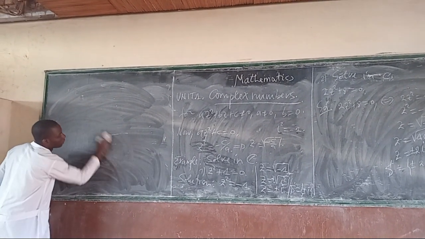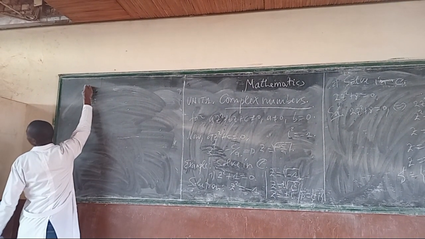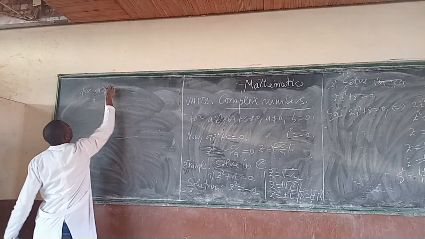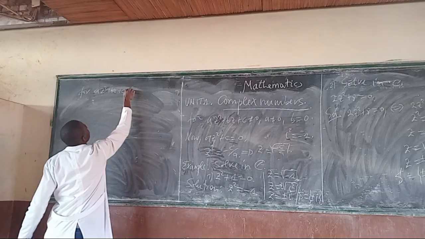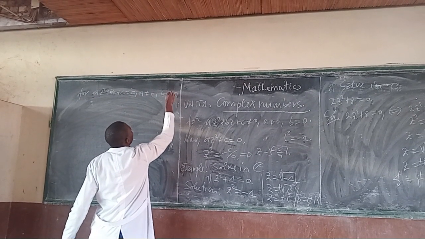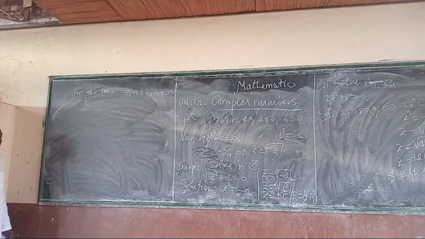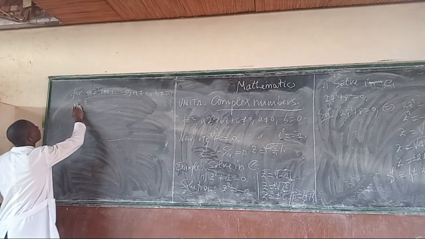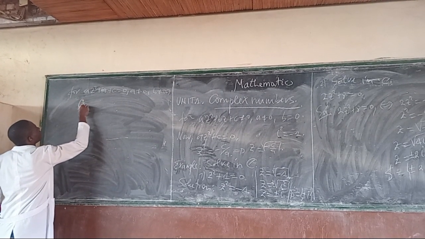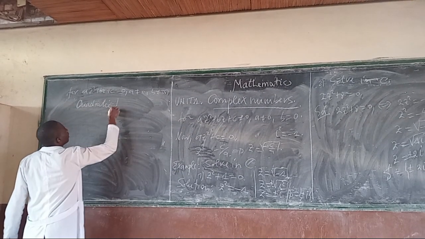Now, for the case of az squared plus bz plus c equal to 0, where a is different from 0 and b is different from 0, we use the quadratic formula.